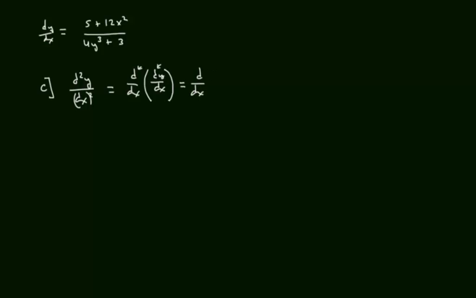Anyway, we're taking the derivative of the derivative, (5 + 12x squared) over (4y cubed + 3). And looks like we're going to use the quotient rule. But remember, y is still a function of x.